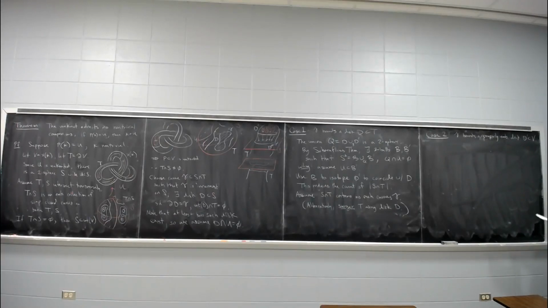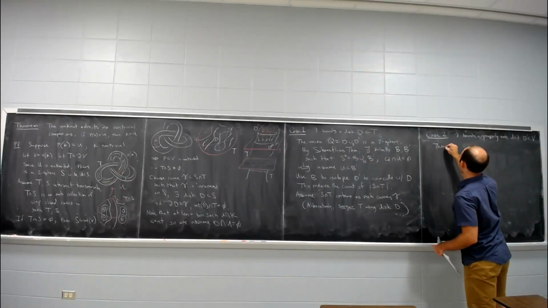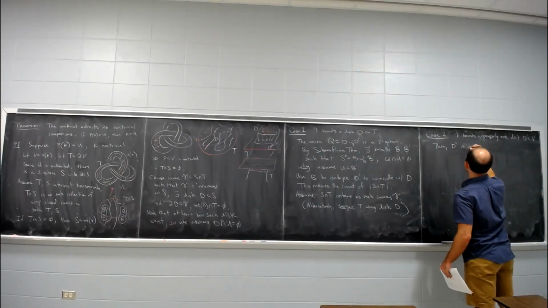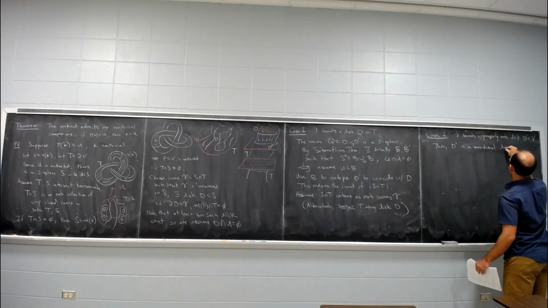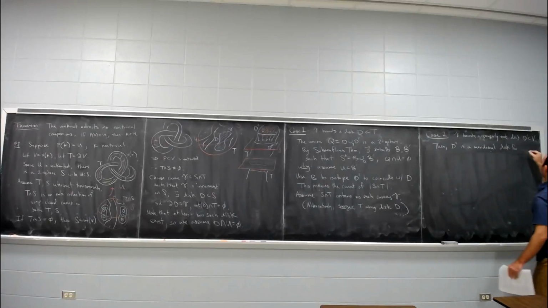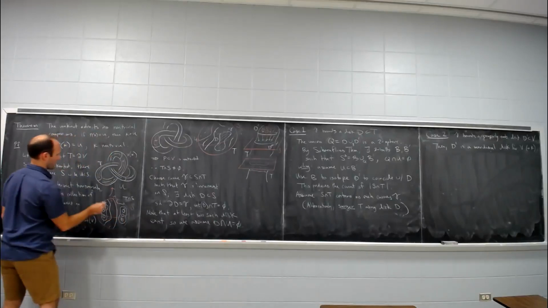Okay. All right, so, well, if this is the case, then sort of by definition, D prime is a meridional disk for V, or alternatively for K. So if we come back to our original picture, this is the case 2 picture.